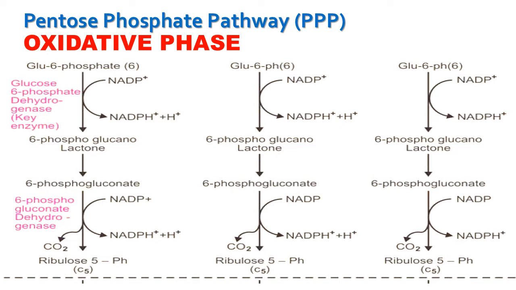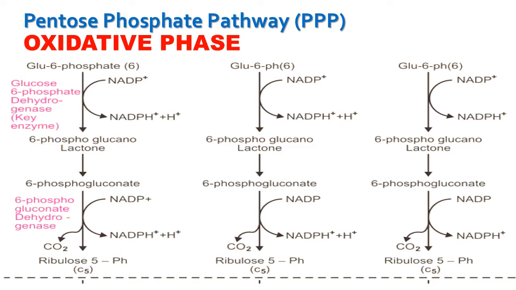And in the next step, this 6-phosphogluconolactone is converted into phosphogluconate. The phosphogluconate is then converted into a 5-carbon ribulose. This reaction is catalyzed by 6-phosphogluconate dehydrogenase.